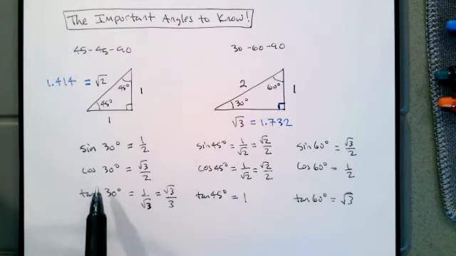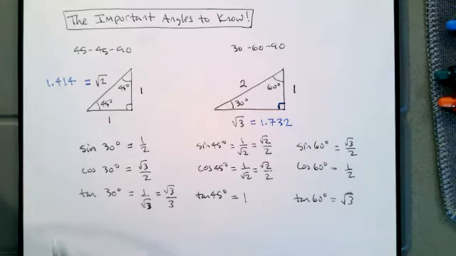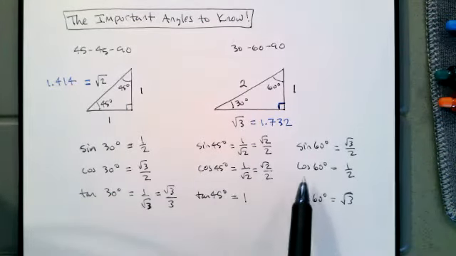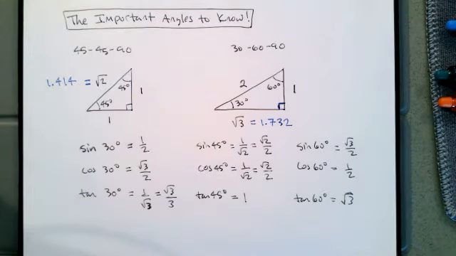So for cosine, if we count 30, 45, and 60, it just goes the other direction because of the complementary angle thing that we talked about. So the cosine of 30 is √3/2, cosine of 45 is √2/2, cosine of 60 is 1/2. It's the same 3 values. Those are the ones that I remember.